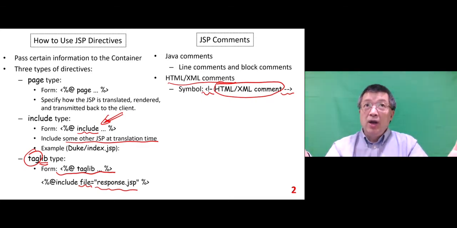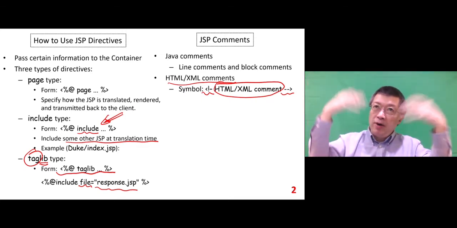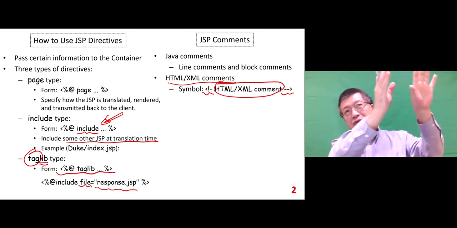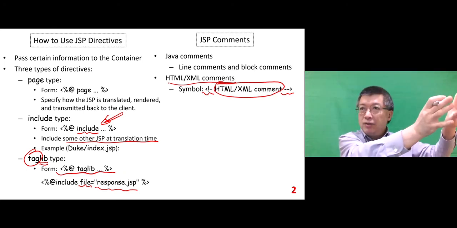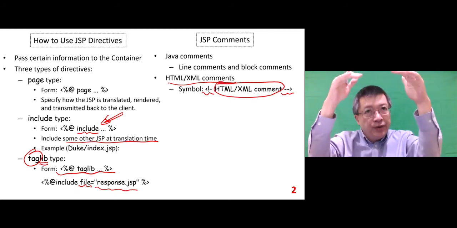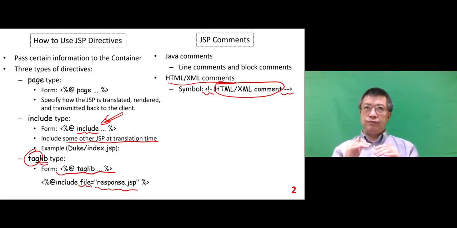Also very simple, but you will see the purpose of HTML comments. You send it to the web browser. In the web browser, the users can view the source code, right?